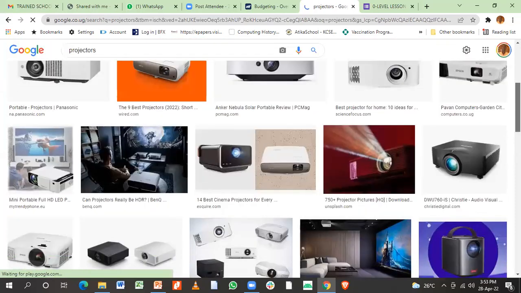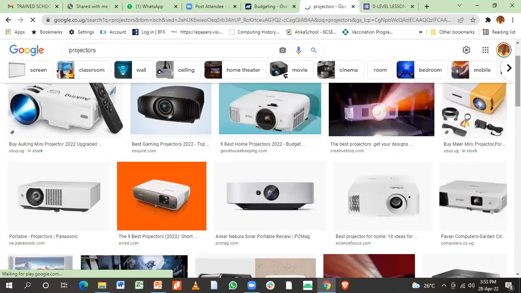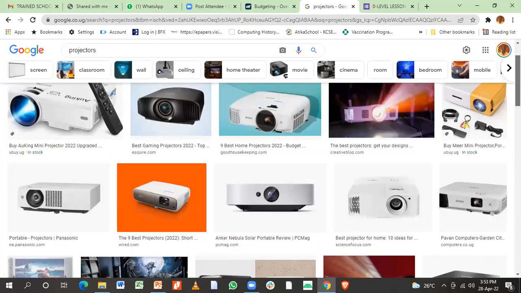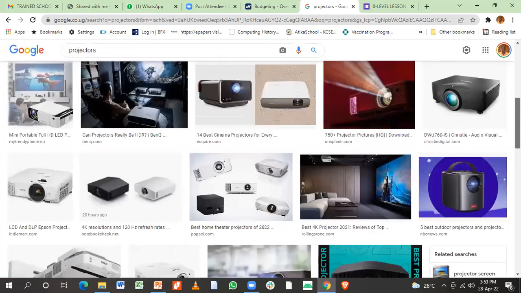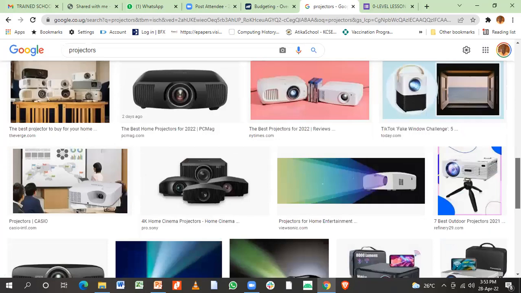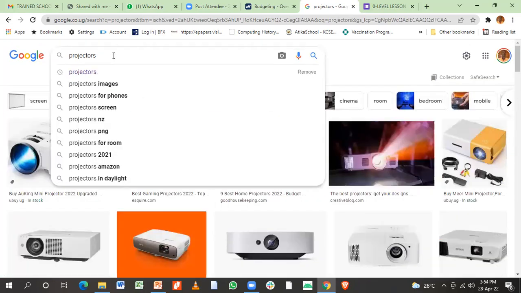Actually, this is a device that can be used anywhere as long as there is a surface where it can display a bright and large screen for a big audience. So these are examples of cards, the keyboard, the mice, we already know.